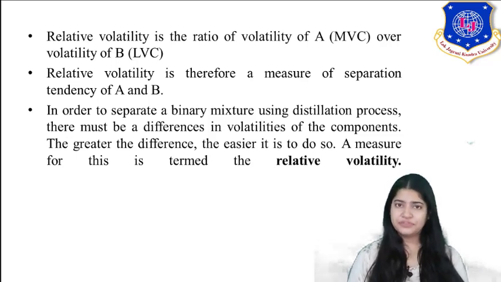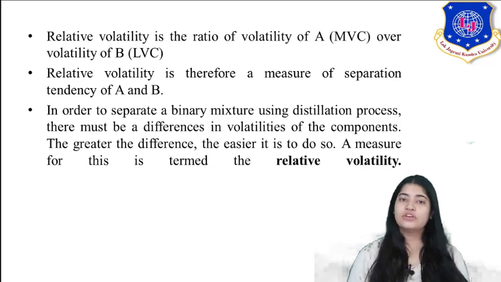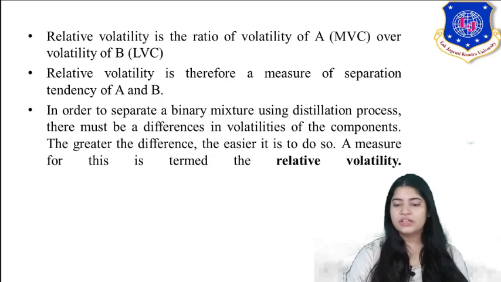We discussed in the first lecture that distillation is a separation process which requires a large amount of heat, so it has to be economic. If you have to select this process, it must be economic also. So whether it is viable to use distillation as a separation process totally depends upon the relative volatility.